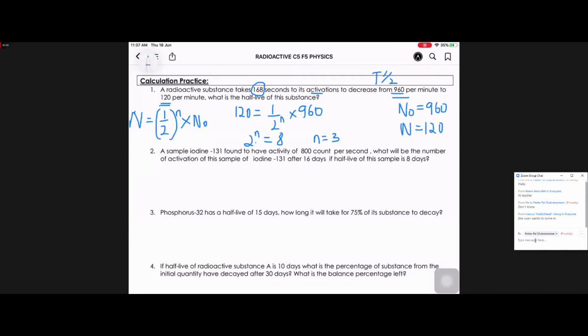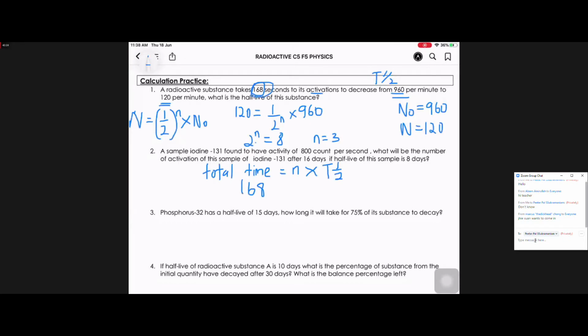Now when n is 3, there's another formula. Total time is equal to the number of times the half-life occurred times the time of half-life. The total time given is 168 seconds.